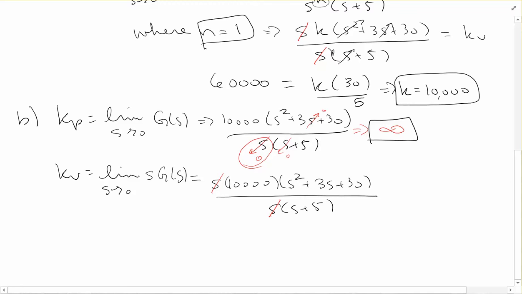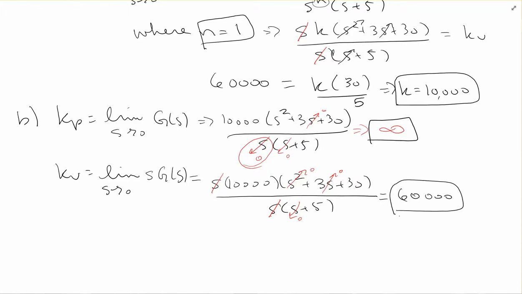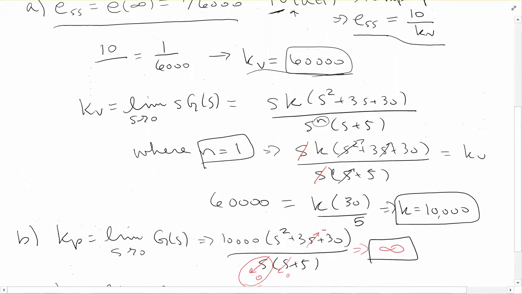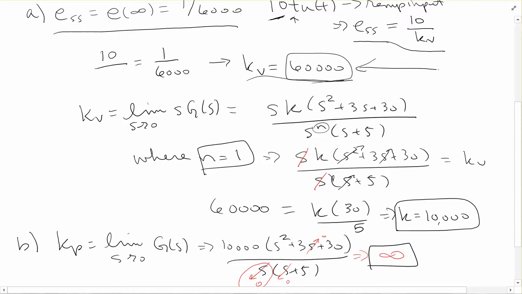And these other s's will go to 0. So what we're left with then, once you do the math, is going to be 60,000. Okay. And that makes sense because if you notice, we scroll back up here, we had already found that right there.